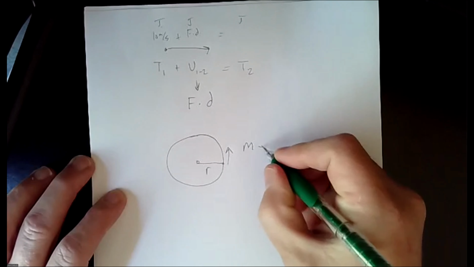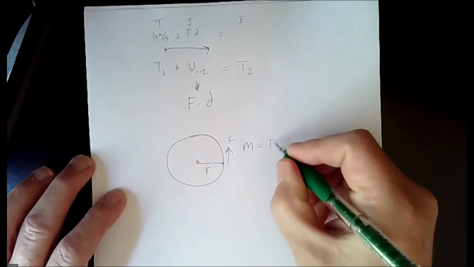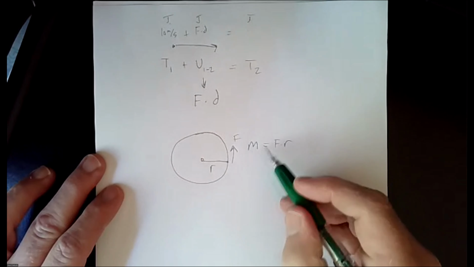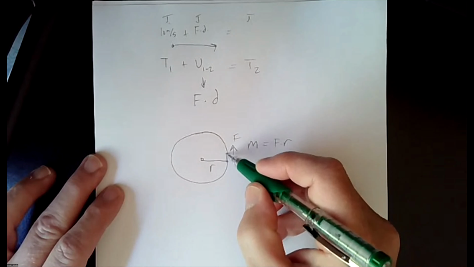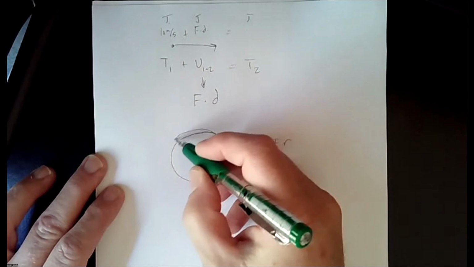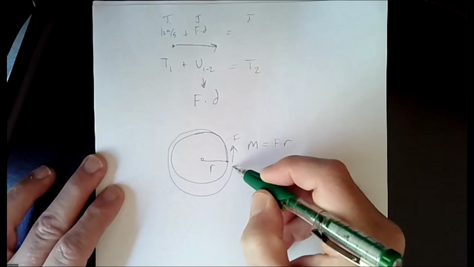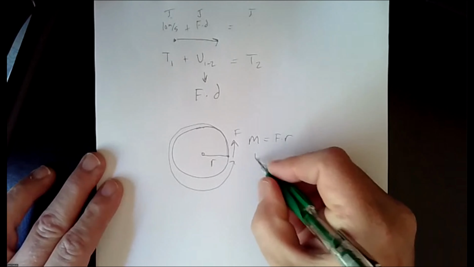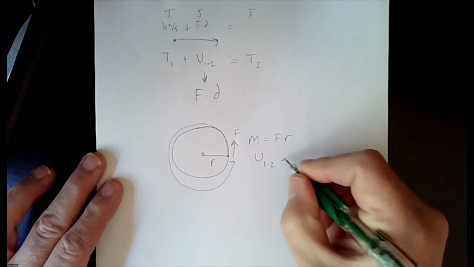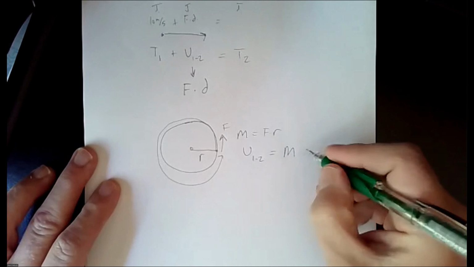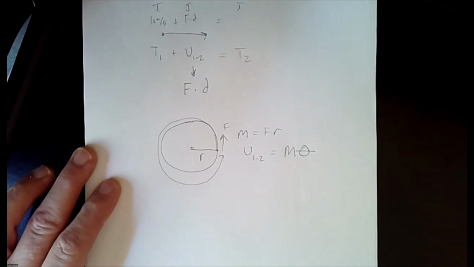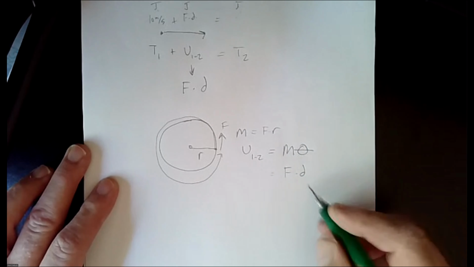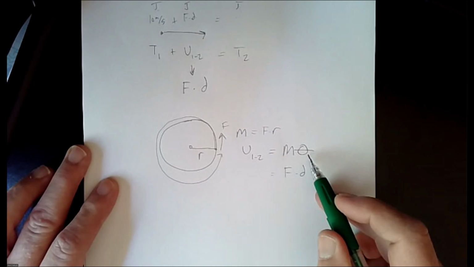Moment equals F times r. Then if we want to know the work that that moment does, it's just going to be how many rotations it makes. So that's our distance. So U1 to 2 is now equal to moment times theta. This is analogous to force times distance. It's just moment times rotation.